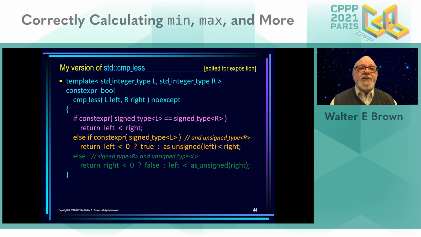And the third case is, again, we have one signed and one unsigned, but in the opposite order, and I do the equivalent logic. And those are the three cases for comparing values of integer types, even when one is signed and one is unsigned.